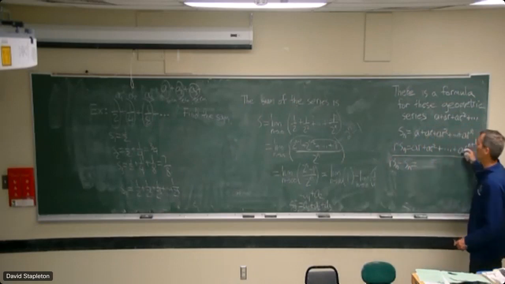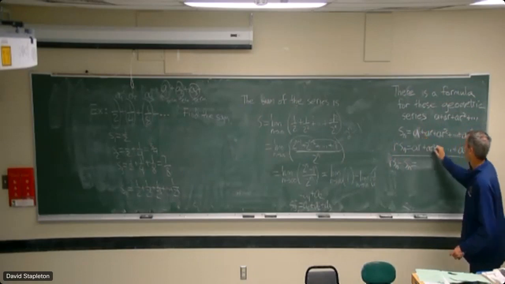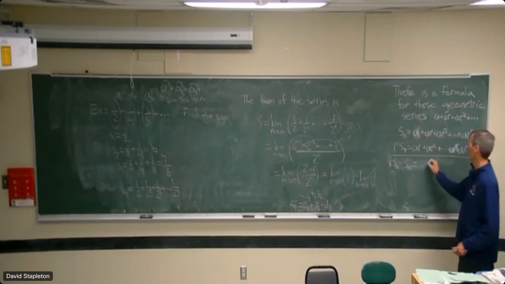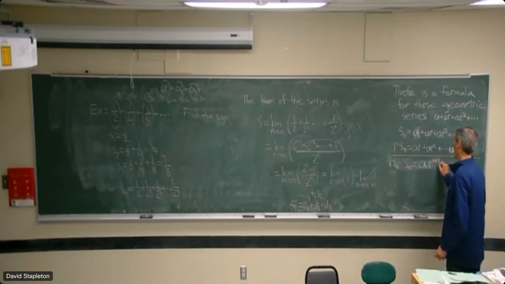Everything cancels in the middle, so you're left with ar to the n plus 1 minus a.